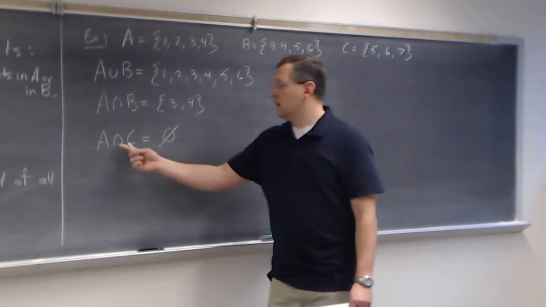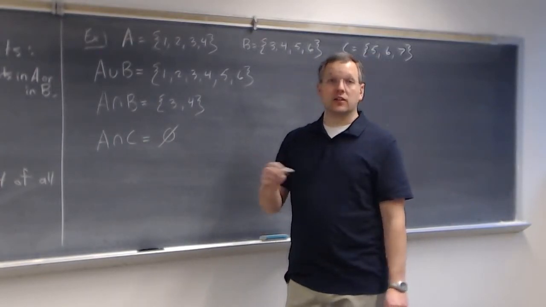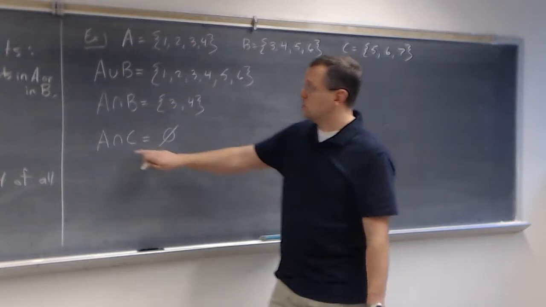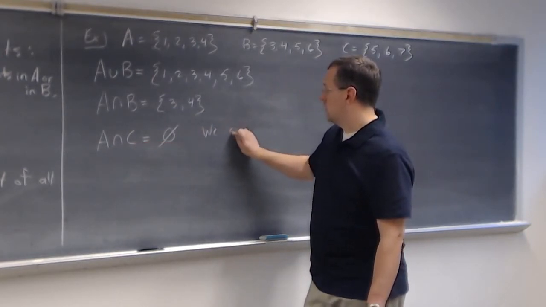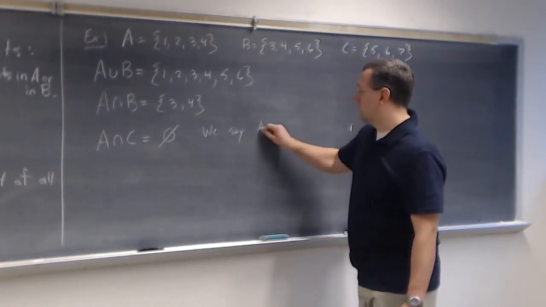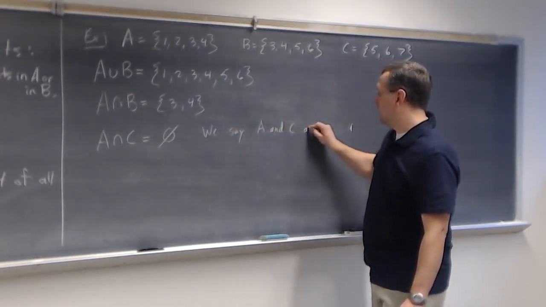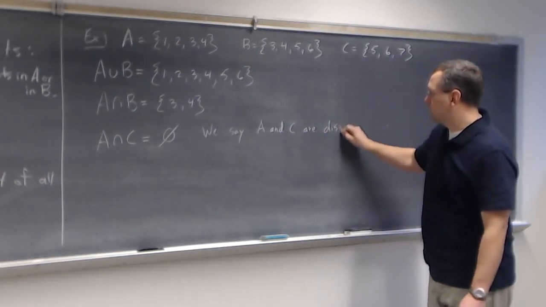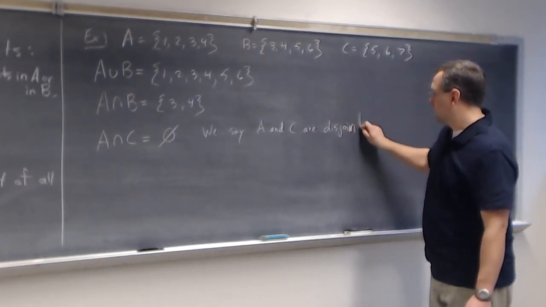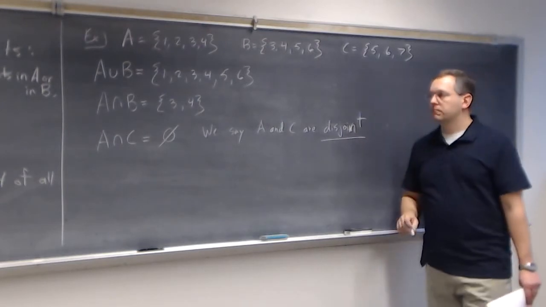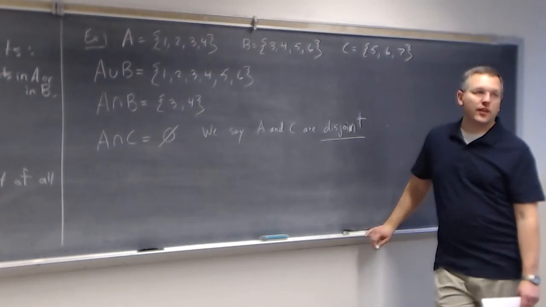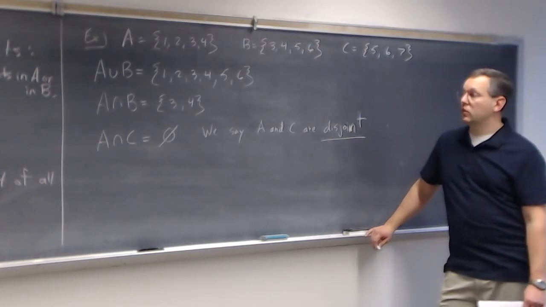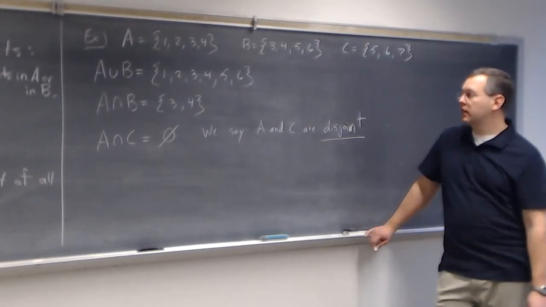In this case, if the intersection of two sets is empty, we say these two sets are disjoint. There's no overlap, so A and C are disjoint sets.